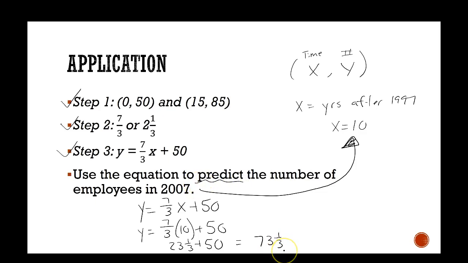I'm not going to say I'm going to have 73 1/3 employees, because I'm never going to hire a third of a person. So my prediction would be about 73 employees. What we just did, taking this scenario for this company, is give ourselves an equation that we can use to make predictions for the future.